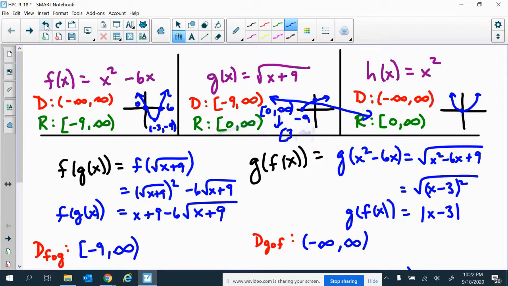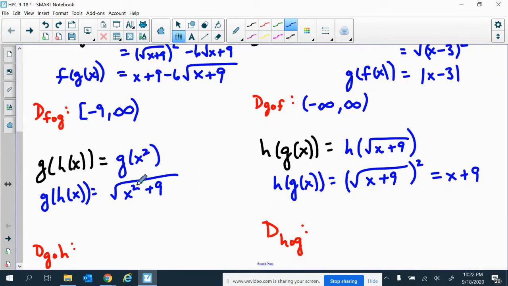But that doesn't restrict my domain at all because I can still plug in negative infinity to infinity. And that's pretty clear from even just looking at this. I can plug in negative infinity to infinity, and that's not too big of an issue in that particular case. So the domain is negative infinity to infinity. The range is only 3 to infinity, but that's the domain.